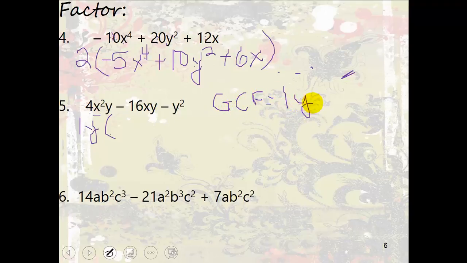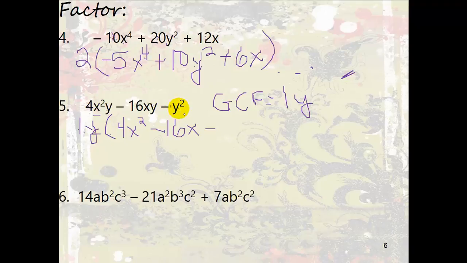All right, 4 divided by 1 is 4. X squared divided by 1 is x squared. Y divided by y cancels. Minus 16 divided by 1 is 16. X divided by 1 is x. Y divided by y cancels. Minus 1 divided by 1 is 1.